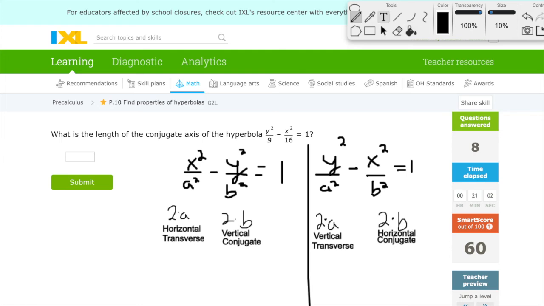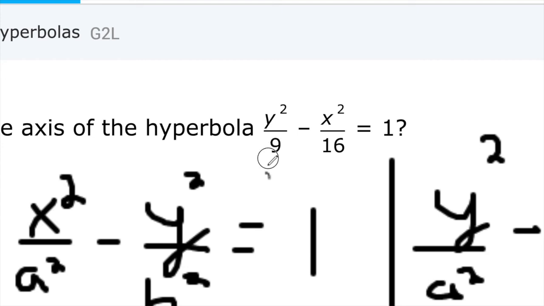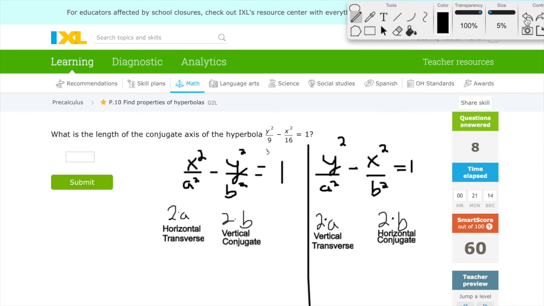Think about it as, let's see if I can go one size smaller, like writing 3 squared and 4 squared. So that's where I'm getting A and B from. So B is 4. So 2 times 4 would give me 8. Finally, I would be able to figure out that the length of the conjugate axis is 8.